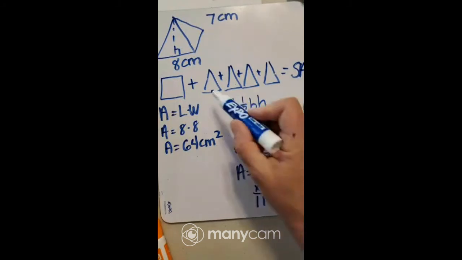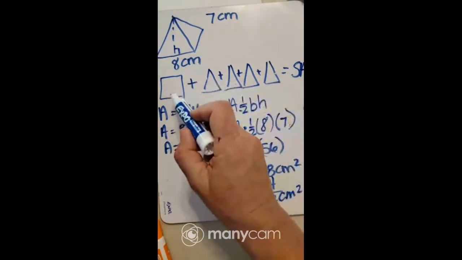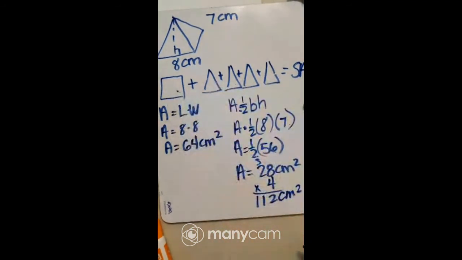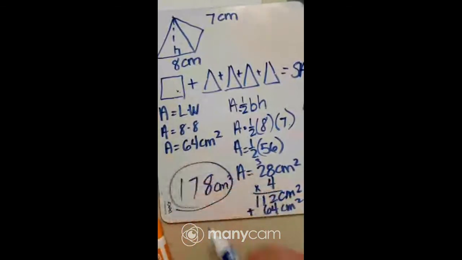That's my 4 triangles. What do I have to add it to? The area of my rectangle right there. So plus 64 centimeters squared. I get 4 plus 2 is 6, 6 plus 1 is 7. 176 centimeters squared is the surface area of this pyramid.